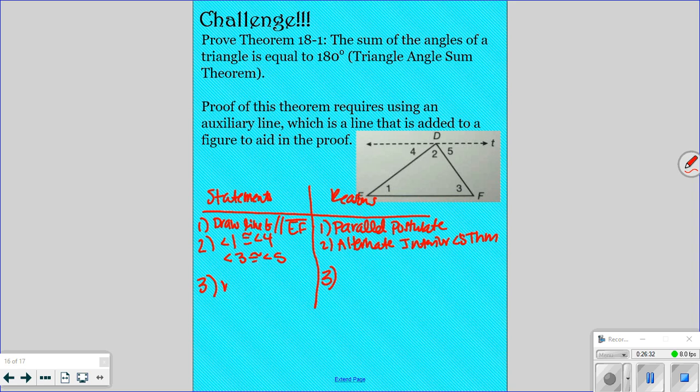Since these are congruent, the measure of angle 1 has to equal the measure of angle 4, and likewise the measure of angle 3 equals the measure of angle 5. And that would be from the definition of congruent angles. The next step, we could say that the measure of angles 4, 2, and 5 equals 180 degrees.